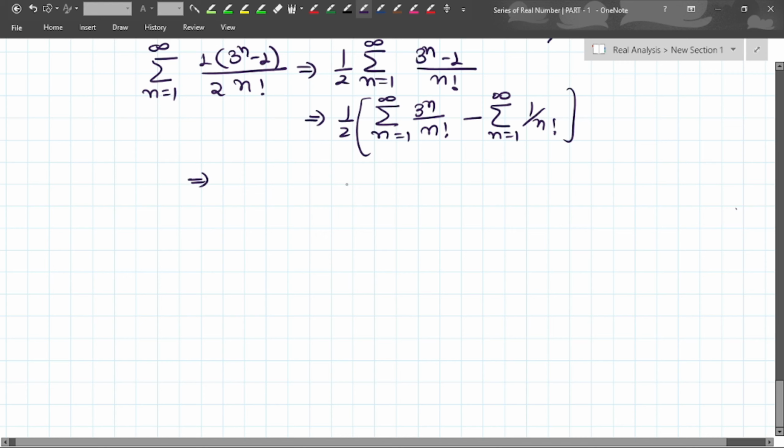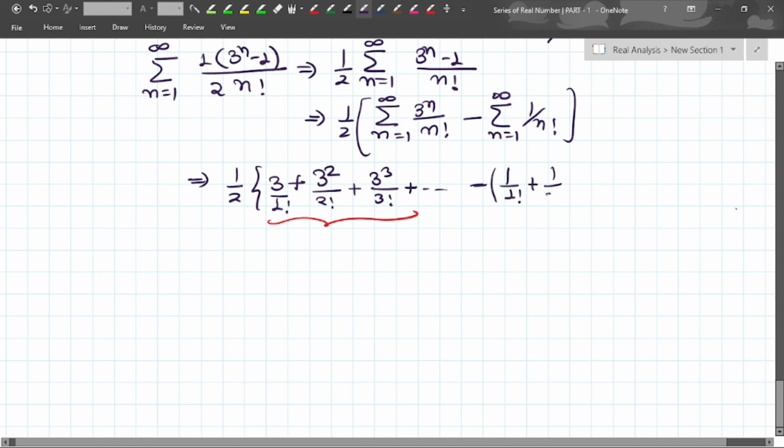Expressed this way, it is 1 by 2 times 3 divided by 1 factorial, plus 3 power 2 divided by 2 factorial, with n starting from 1, then 3 power 3 by 3 factorial. Just try to see. This is one of the parts. The next part is 1 upon 1 factorial, 1 upon 2 factorial, up to 1 upon n factorial.